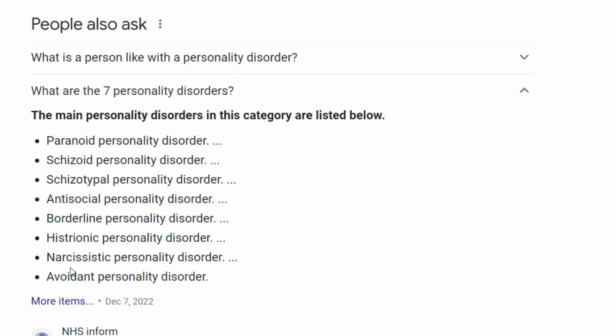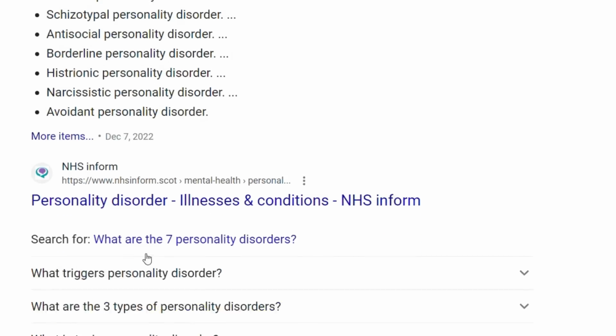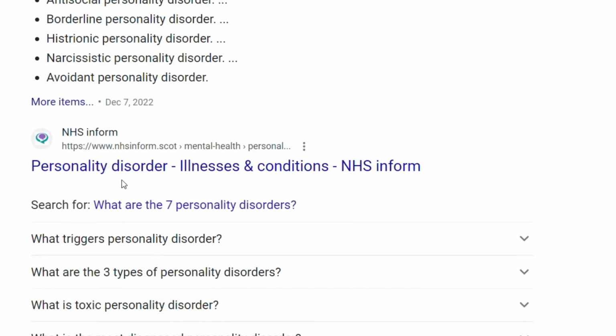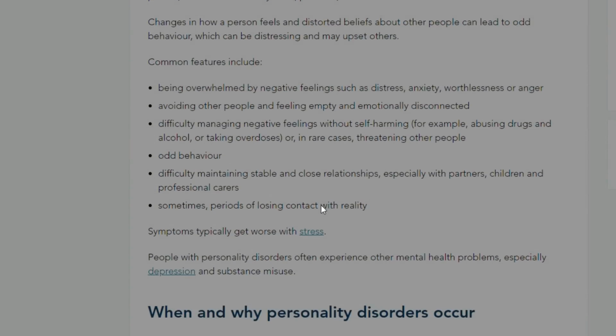Like maybe even narcissistic personality disorder. You have paranoid personality disorder, schizotypal, antisocial, borderline, histrionic, narcissistic, avoidant. Feeling empty, emotionally disconnected.